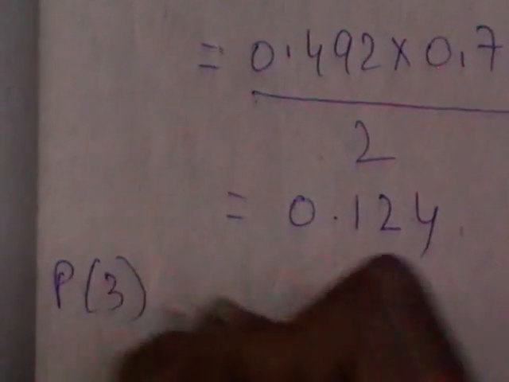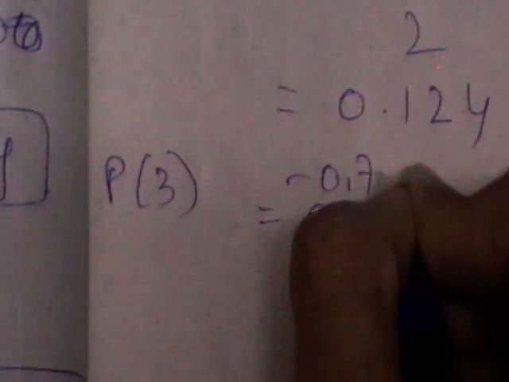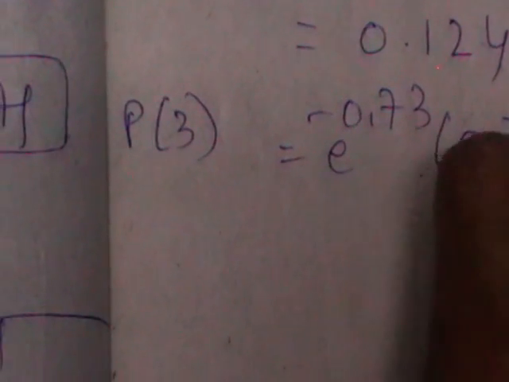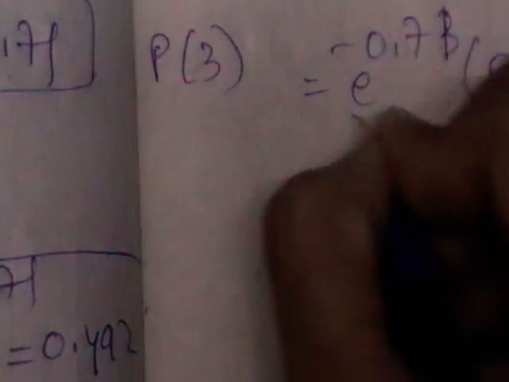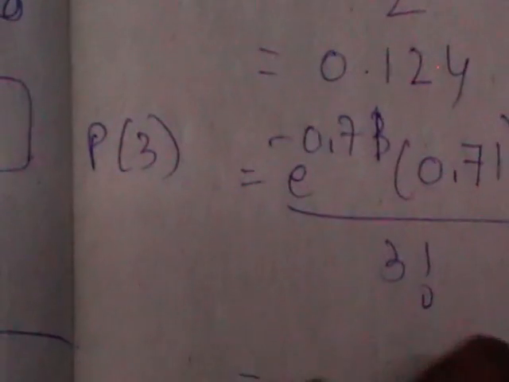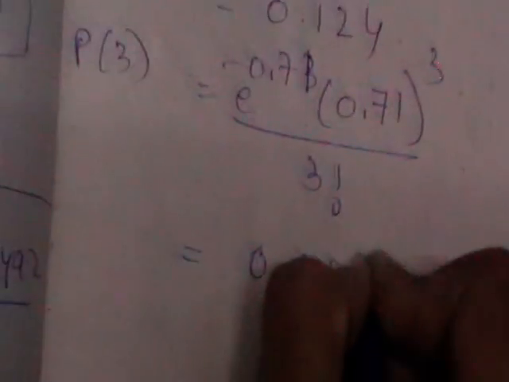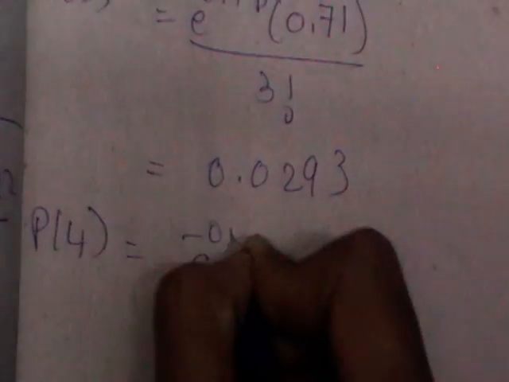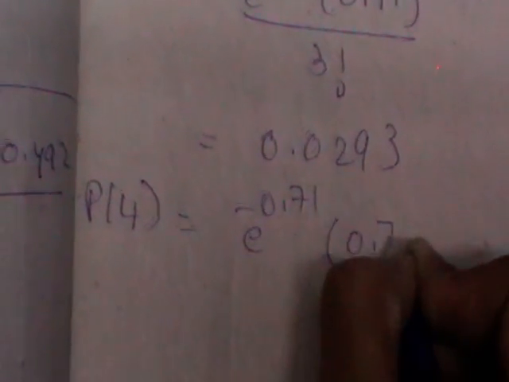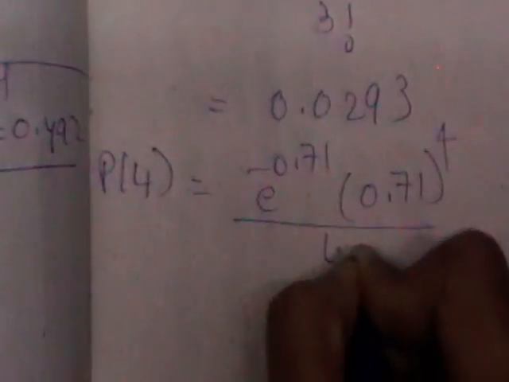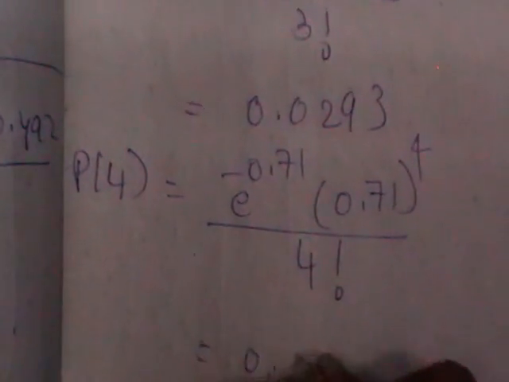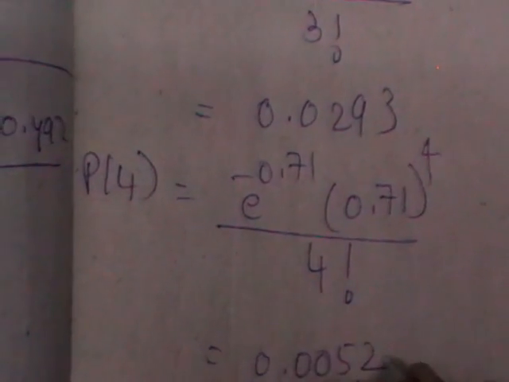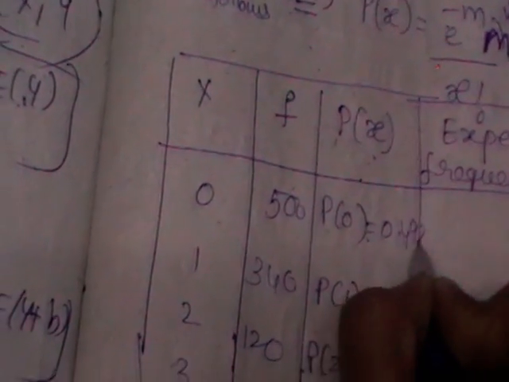P of 3 is e power minus 0.71 into 0.71 whole cube by 3 factorial. By simplifying this, you will get 0.293. P of 4, you need to calculate last, is e power minus 0.71 into 0.71 power 4 by 4 factorial, which is 0.0052. So we have calculated the values needed for fitting. Please fill this column.